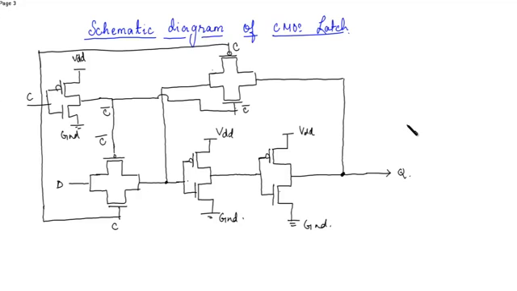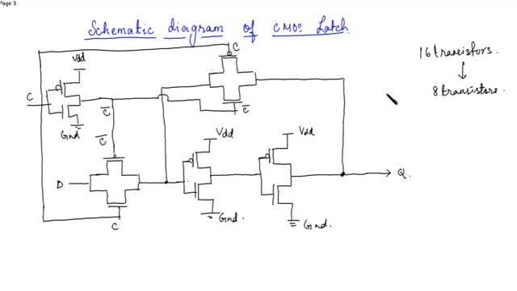So a total of 16 transistors will be used if we try to use 4 2-input NAND gates. So if we design using this transmission gate, then this is reduced to 8 transistors, which is done by using 2 transmission gates and 2 inverters.